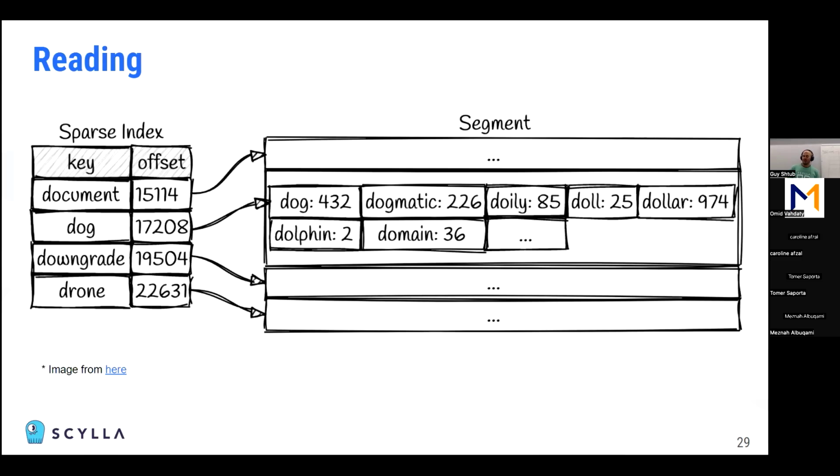How do we read data? So again, the data is sorted. I won't get into all the details in this example, but we have an index which tells us the offsets of the different segments. And then we know when we try to read data, where pretty much it's going to be. Okay, and we keep that in memory.